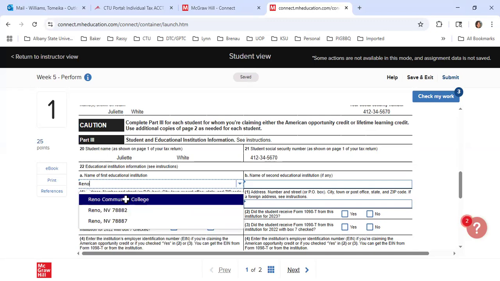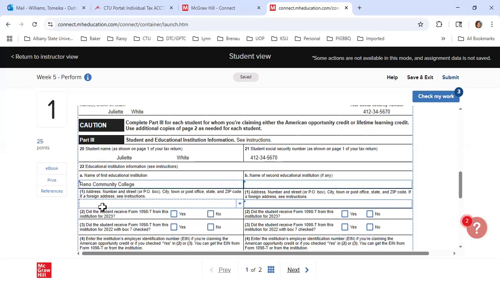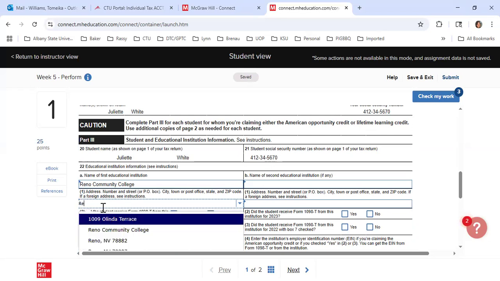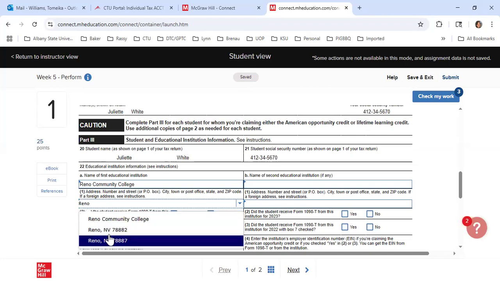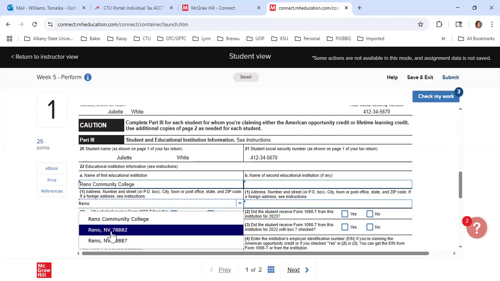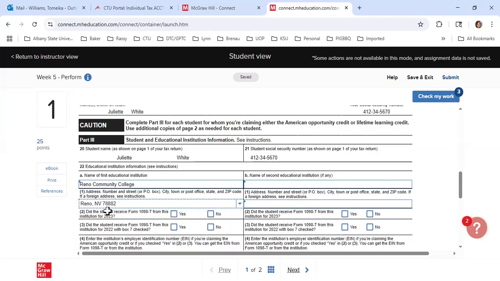It's Reno Community College in box A. Box 1, the address. We don't have the address of the community college. However, we know that it is in Reno, Nevada. Now, here is again where you need to choose the correct zip code. It should be the one ending in 8882. So it should be Reno, Nevada 78882.